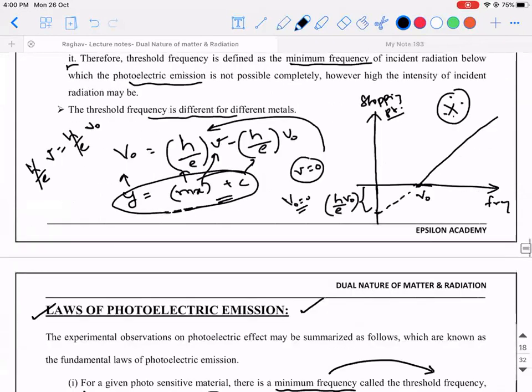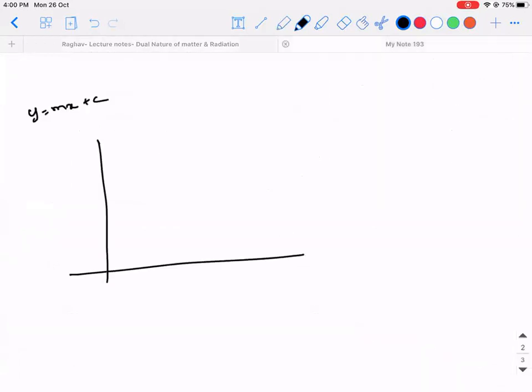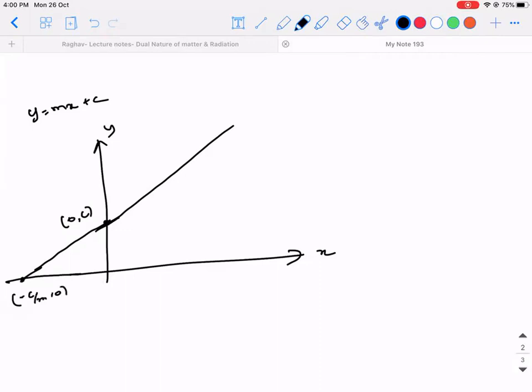It is a graph like this. There's x-axis, there's y-axis. So you will get a graph like this, where this point is 0, c, and this point will be what? Minus c by m, 0. How did you get them?